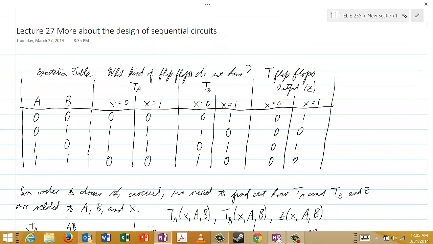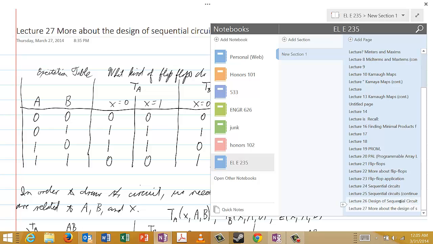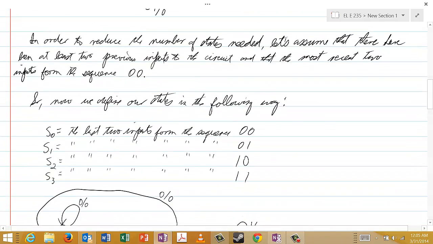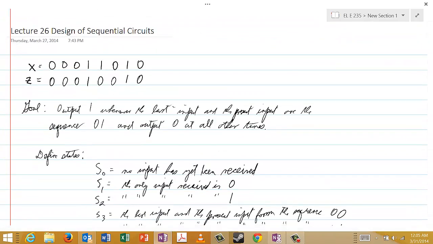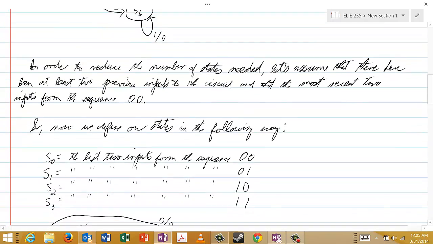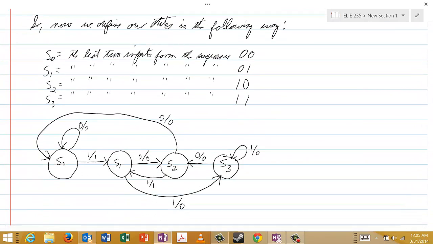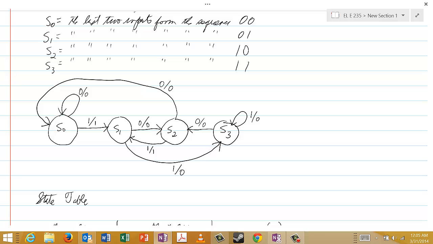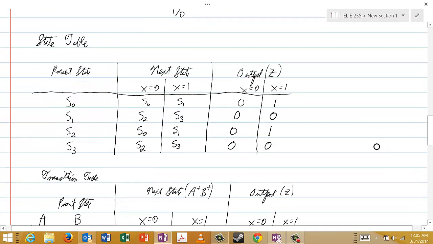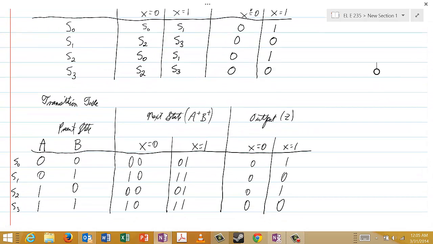Just to make sure we're all together, you'll remember that in lecture 26 we were trying to detect this sequence 0, 1. After some preliminary remarks, we came up with this state graph, and here was the state table, and here was the transition table.